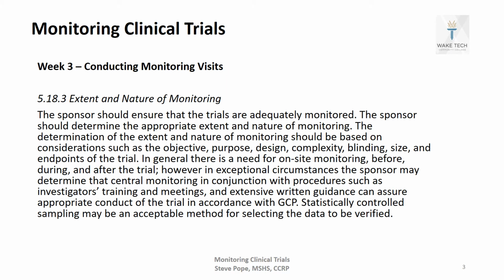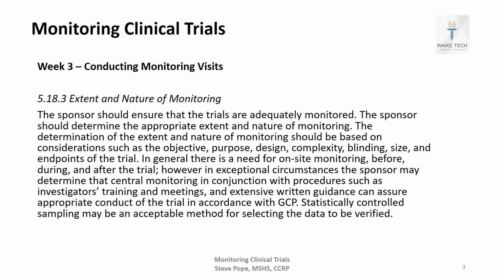So let's begin by talking about the extent and nature of monitoring. Now this comes directly from ICH E6 section 5.18.3. So let's talk about some of the components that we need to think about with regard to the extent and nature of monitoring. First of all, the sponsor needs to determine what this extent is.